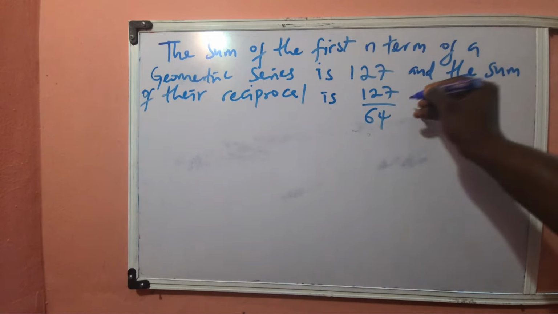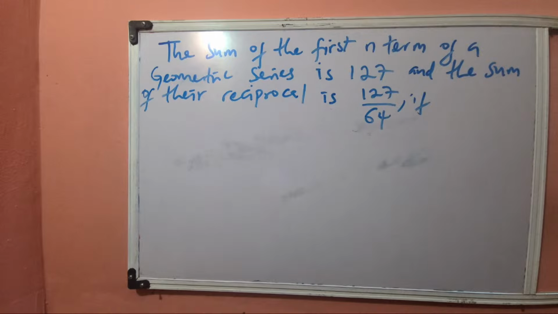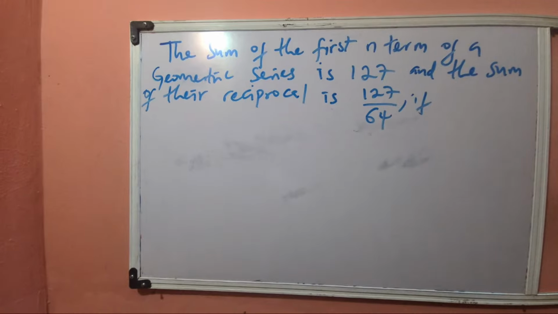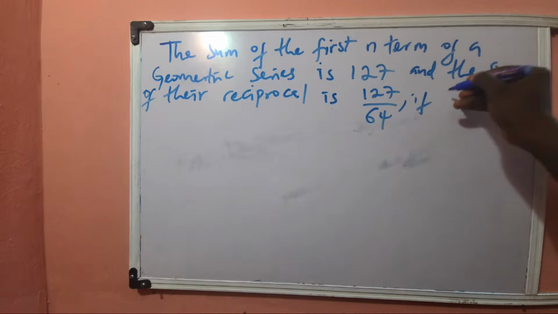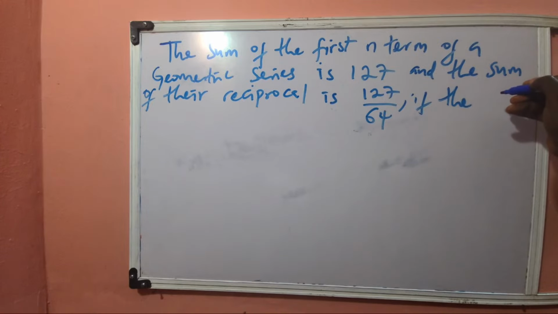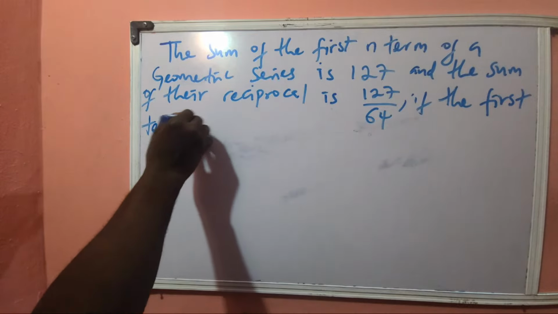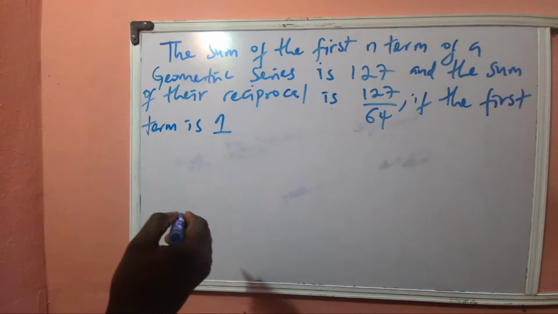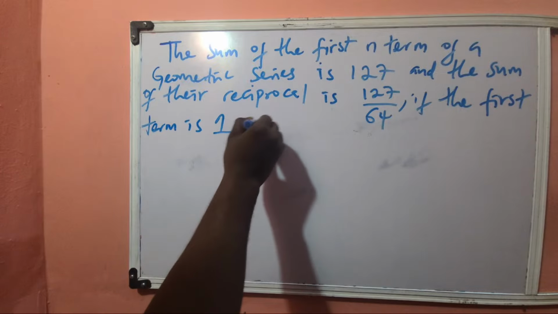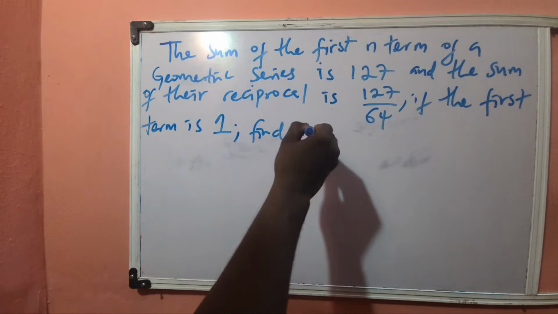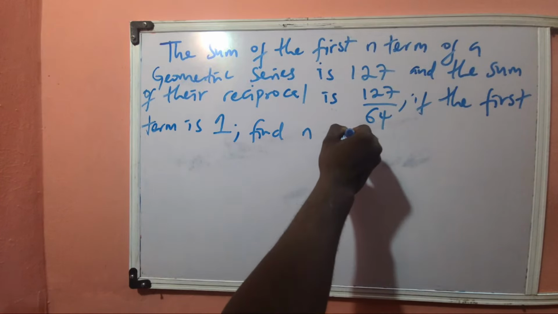If the first term is 1, find n and the common ratio.